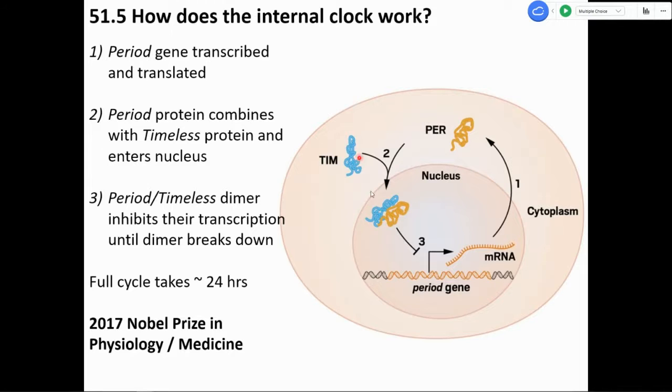So it goes out, forms a dimer, comes in and switches itself back off again. But this dimer decays over time, and as it does, period gets turned back on again. The periodicity of this entire cycle is about 24 hours. So that is how it's generating this 24-hour period.